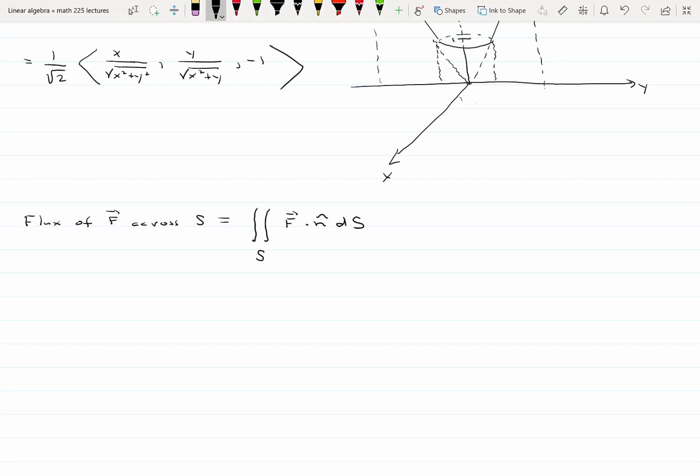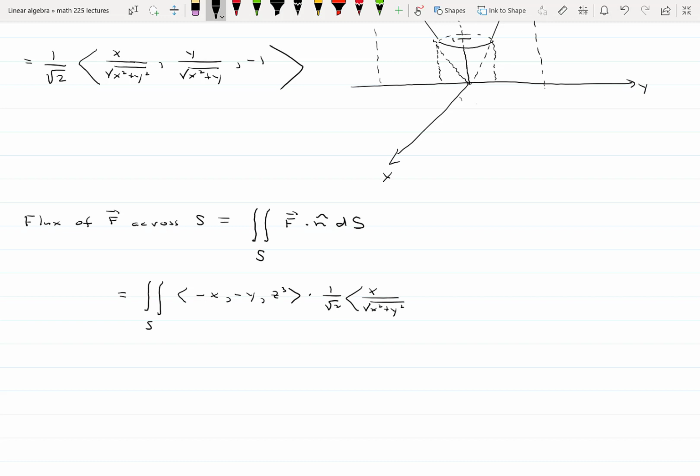Okay, let's compute this. So this is the surface integral. Well, what does F look like? I'm going to use the bracket notation. So it's minus x i minus y j, I think it was z cubed k, okay, dot n, 1 over the square root of 2, times x over the square root of x squared plus y squared.